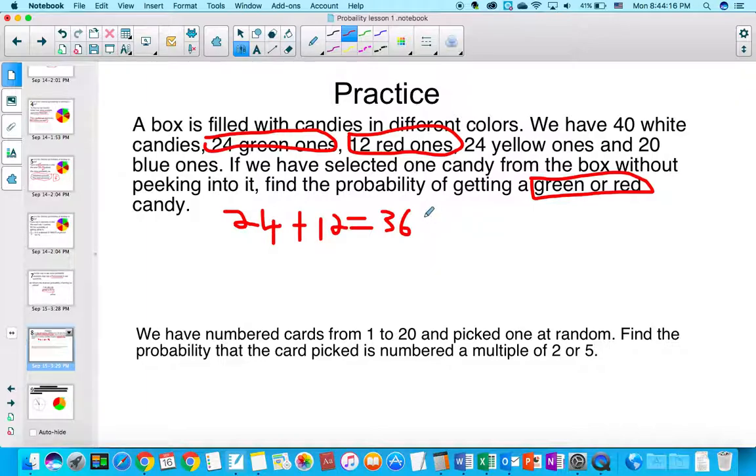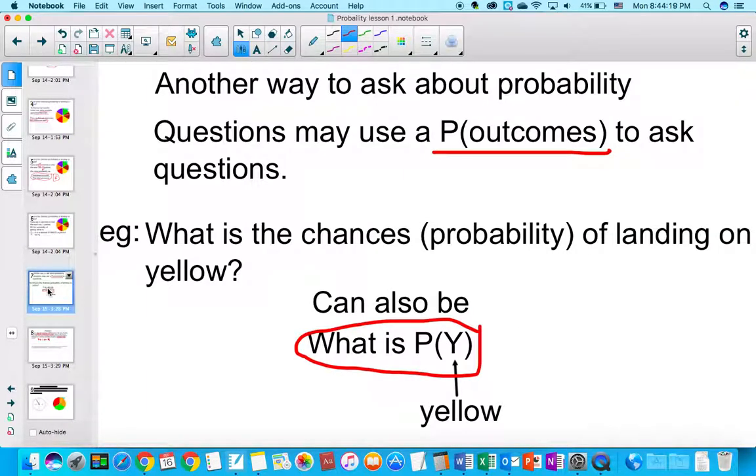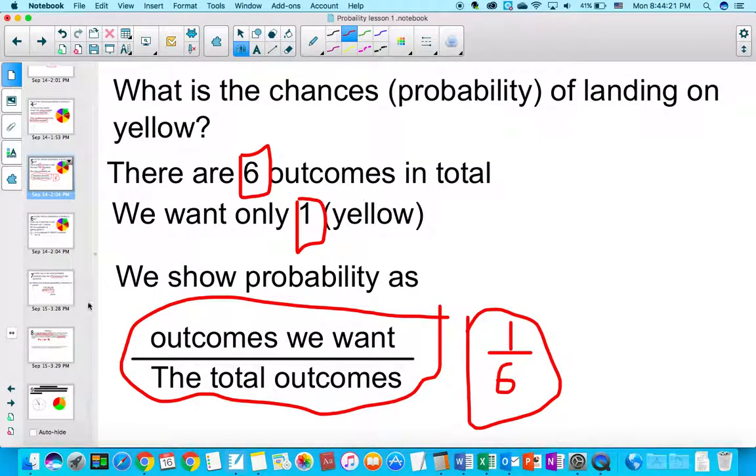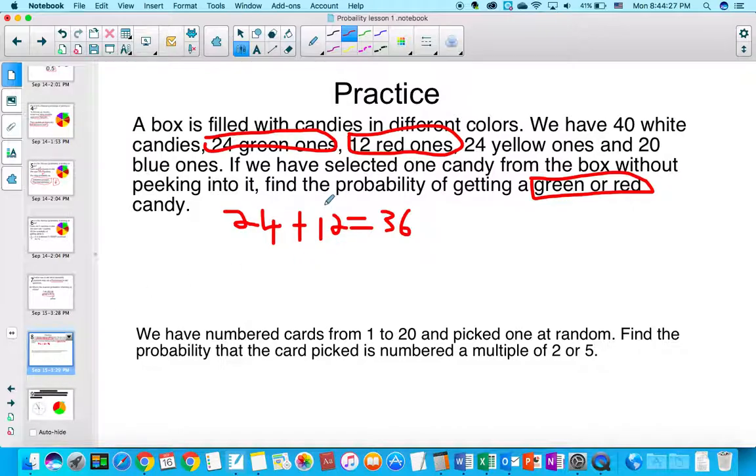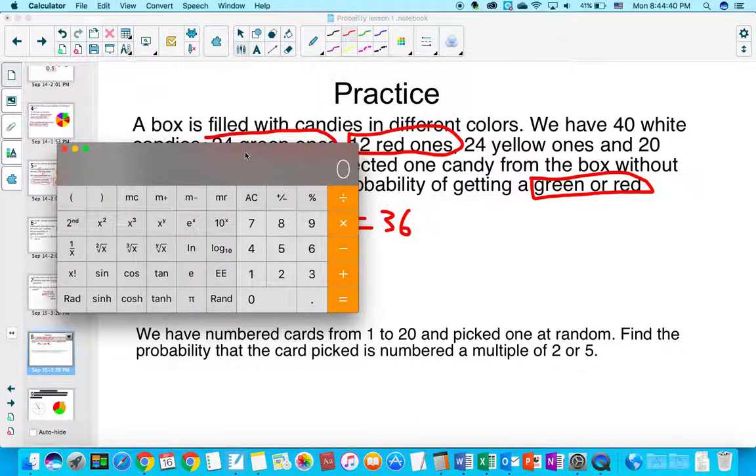Okay, well, again, our equation is outcomes we want over the total number of outcomes. So what's the total number of outcomes? Well, it's 40 white and the green and the red and the yellow and the blue. So 40 plus 20 plus 24 plus 12 plus 24 again. So let's pull out our calculator so we can do this quickly.